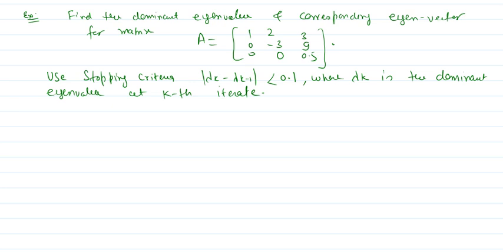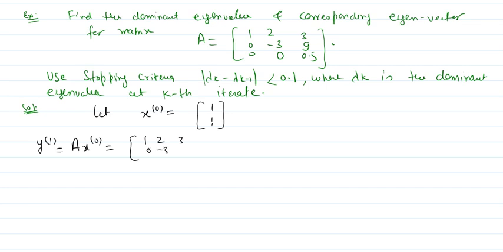Okay, so you can take any initial guess with norm 1. So I am taking x0 equal to 1 1 1. So now I am writing the first iterate y1, that is A x0. So multiply this matrix with the initial guess 1 1 1.